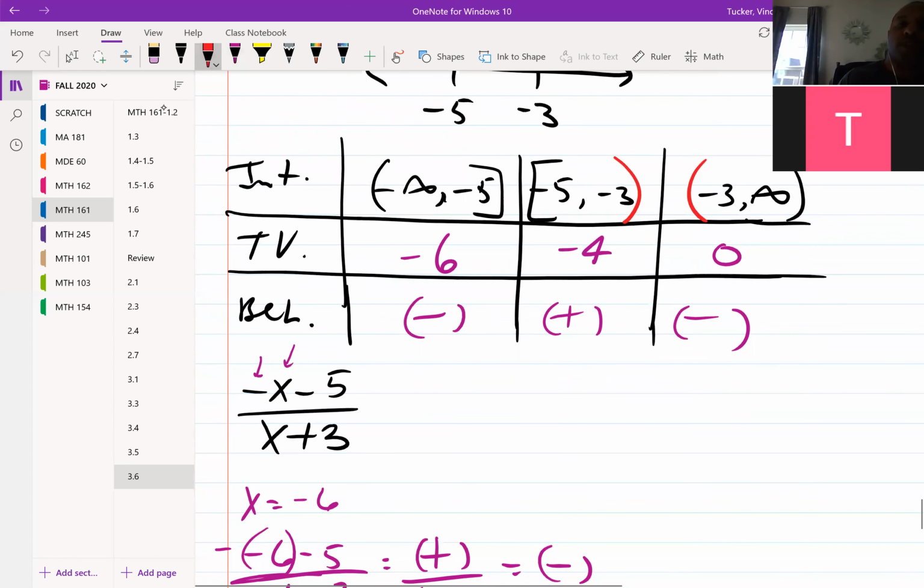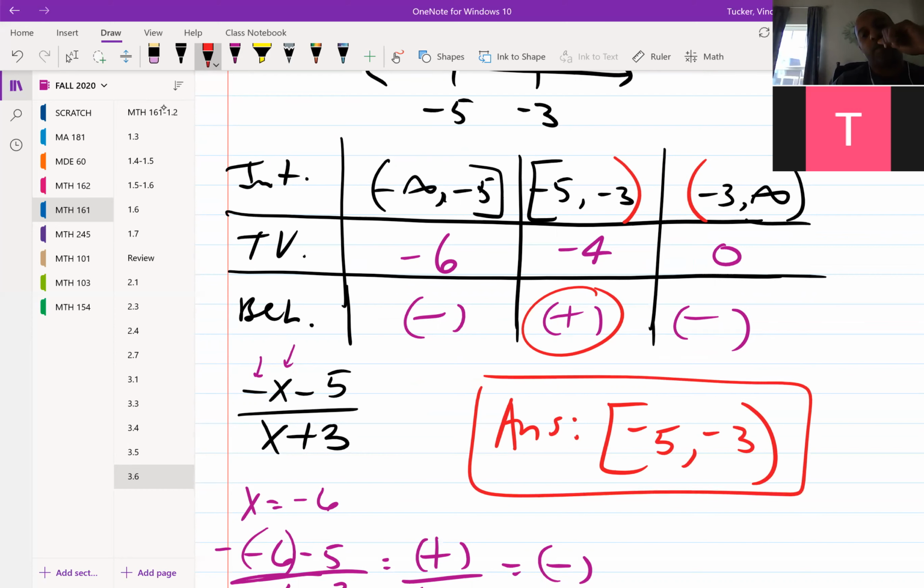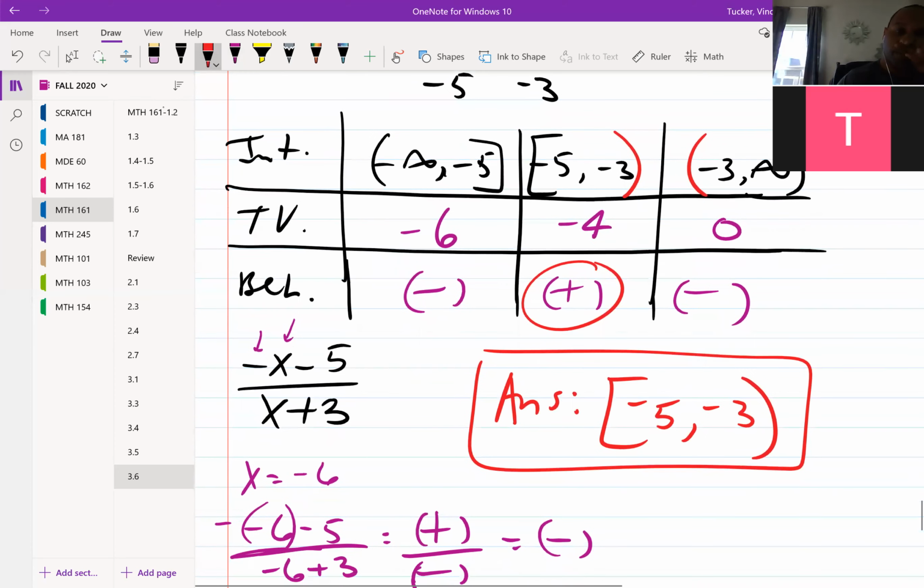So the answer is right here. So that's -5 to -3. Bracket on the -5, parentheses on the -3. All right, questions, concerns, comments.